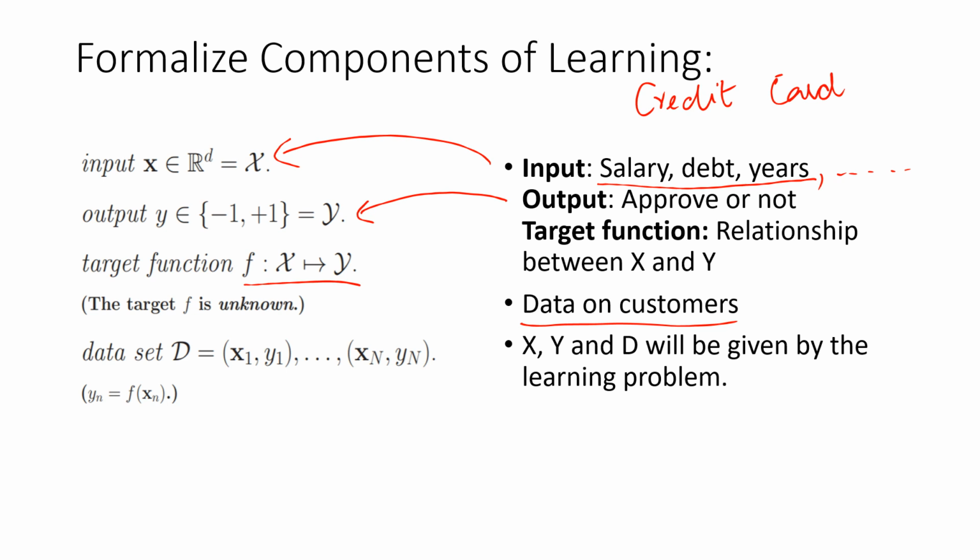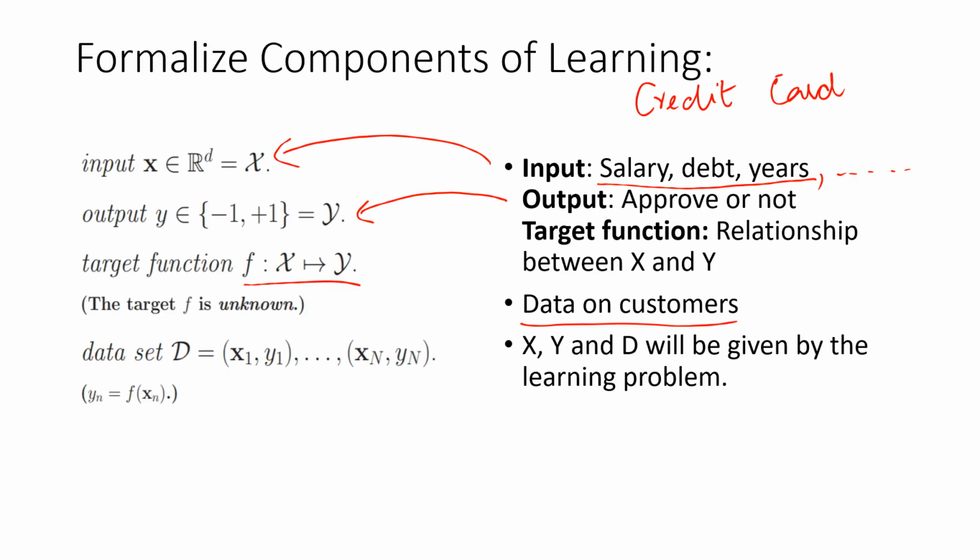So the way we are going to derive the learning model that we are talking about today, which is the perceptron, is by using this particular problem. Let's assume that we have this problem, and then using that, I'm trying to find out whether a new customer, when they come in, I should approve or decline their application. Okay, so how should we formalize this credit card approval problem?